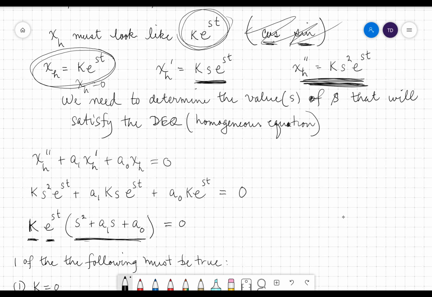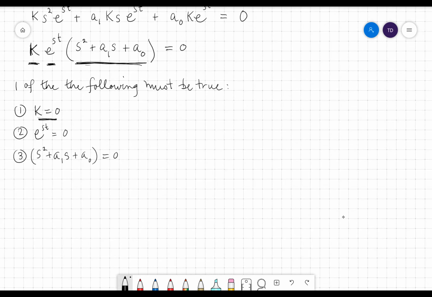How many of you already knew when I took this in, 0, and I substituted into this differential equation, that we'd end up with a 0 there, the derivative of 0 is 0, the second derivative is 0, and therefore 0 is equal to 0? I think every one of you knew that already. This is called the trivial solution, and we have zero interest in the trivial solution. In other words, the trivial solution, x_h equals 0. And that doesn't give us any new information. So that's not interesting.